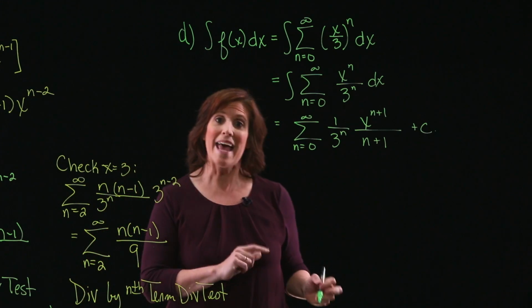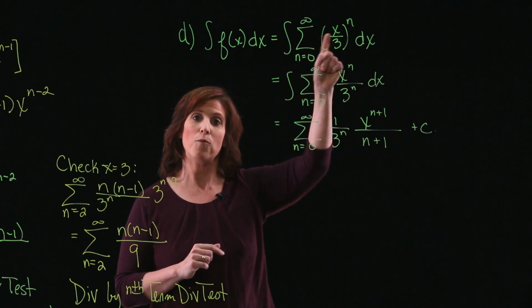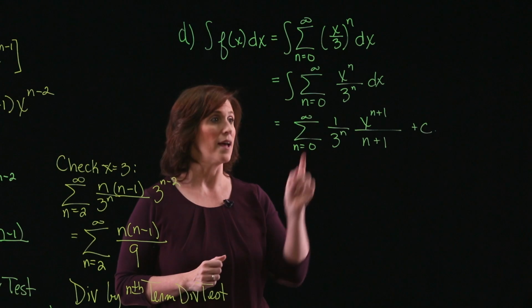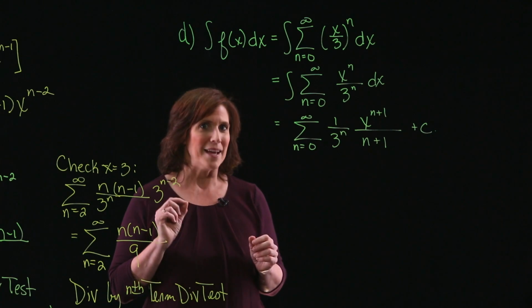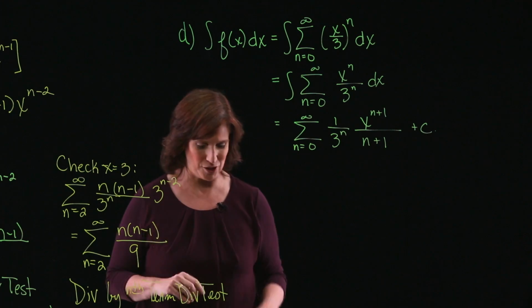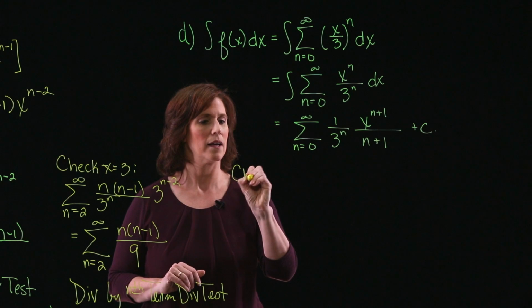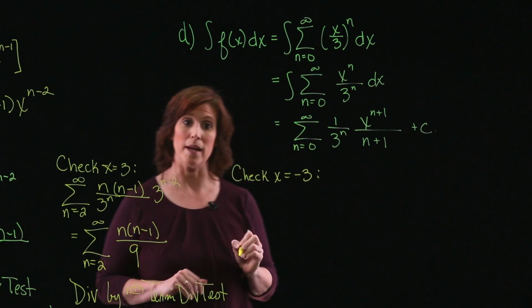Okay, so again, in this particular example, I just have the integral of what I already know is a geometric series, which is convergent between -3 and +3. This one will be convergent on that interval as well, except that we have to check those endpoints, just like we've done all along. So let's see what happens when x is -3.